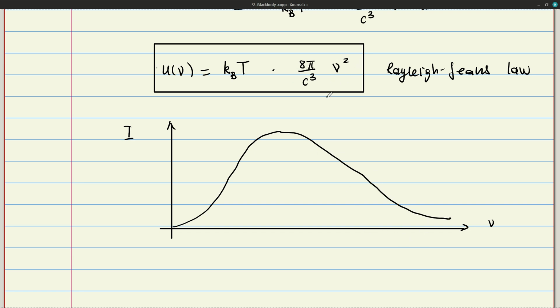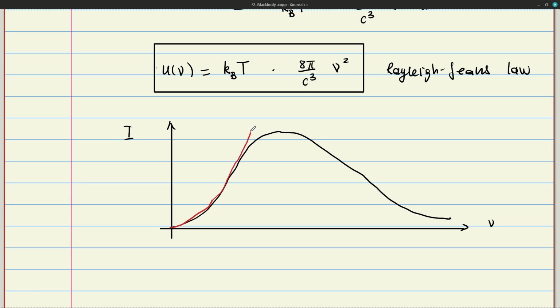At small frequencies, they both go to 0, which is nice, right? The blackbody empirical result, the Planck curve, goes to 0, and our Rayleigh-Jeans derivation, because of nu squared, also goes to 0.